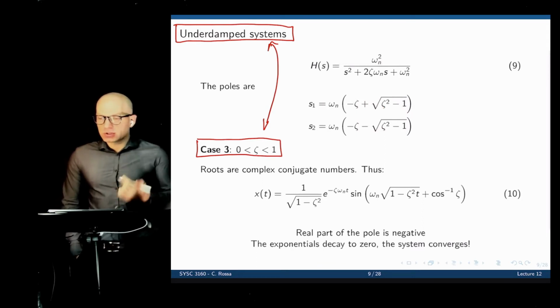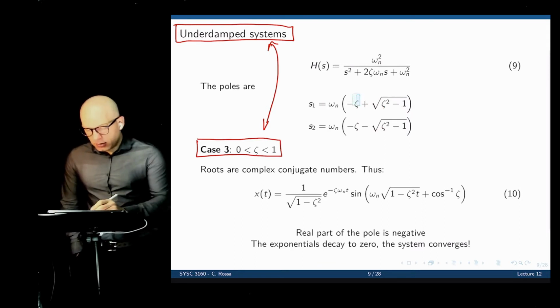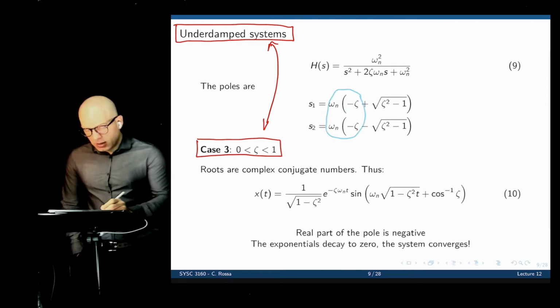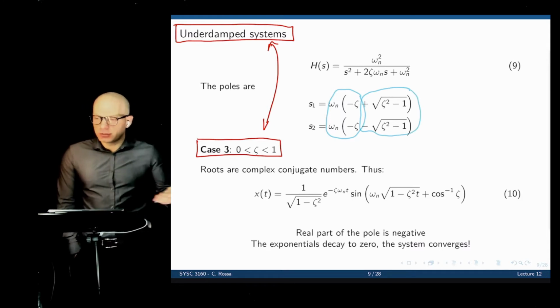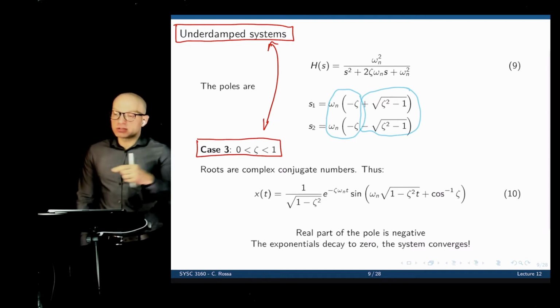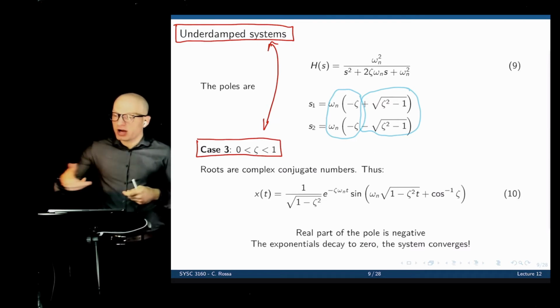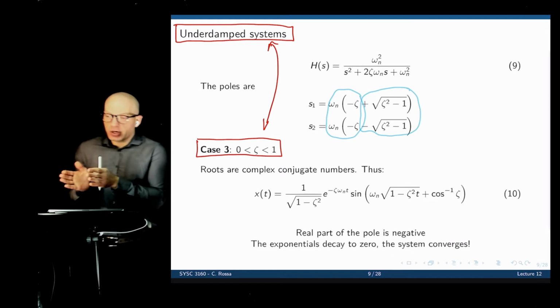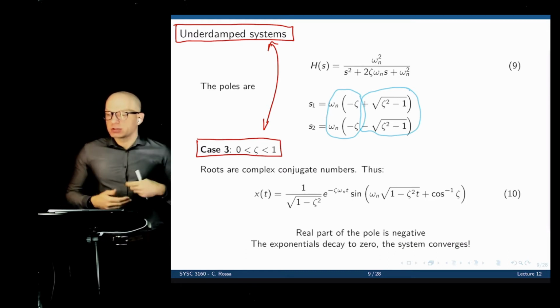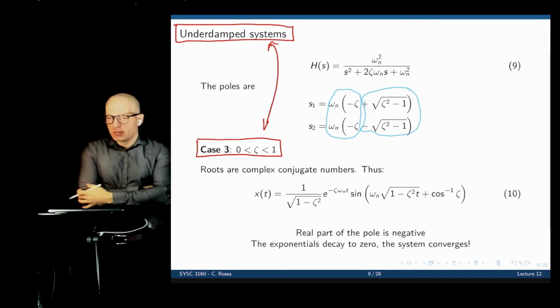We have complex conjugate numbers, meaning that their real part will be always the same, and their imaginary part will be the conjugate of the other, something like 1 plus minus 2j, 1 plus minus 5j, 5 plus minus 3j. The real part is always the same. The imaginary part is always a complex conjugate of the other.